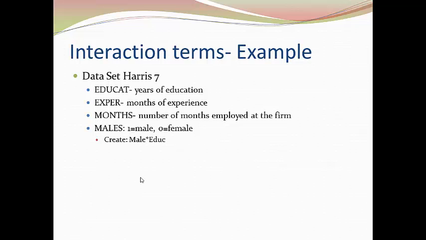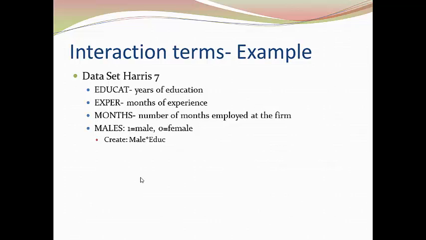So instead of just looking at the coefficient and saying, yes, I know that male is 1, and female is 0, so males are my reference group, I know that males make more money, I think we also had a positive coefficient on education, so I know that the more education you have, the more money you make. Now I want to know, is there a specific impact?